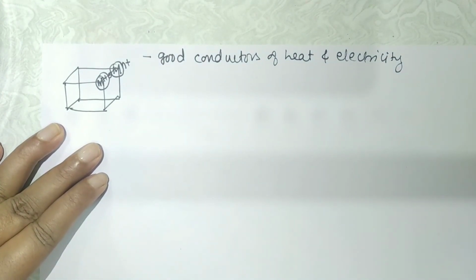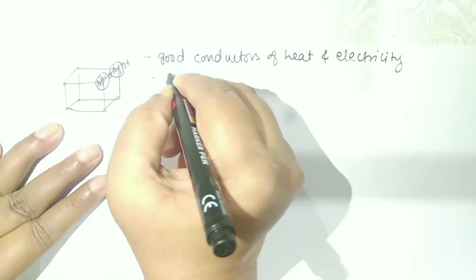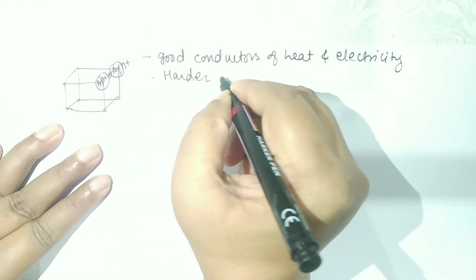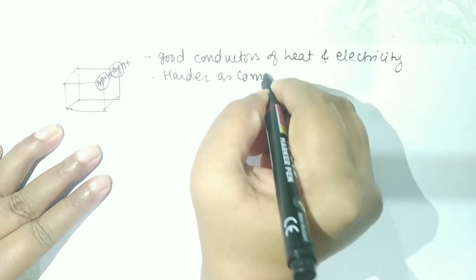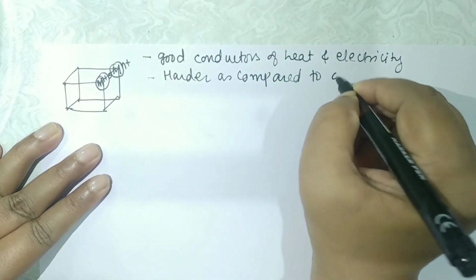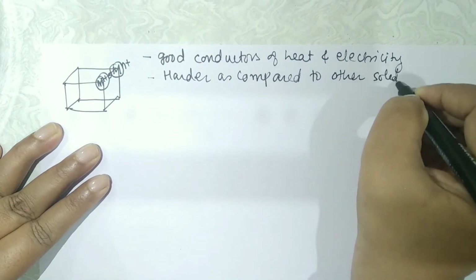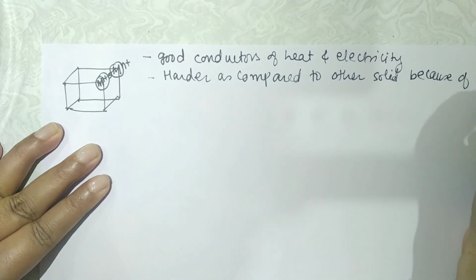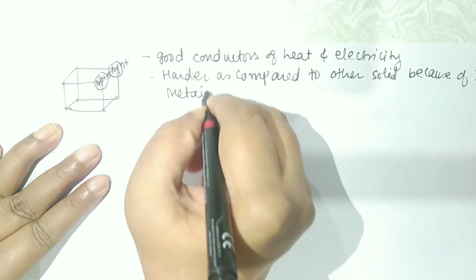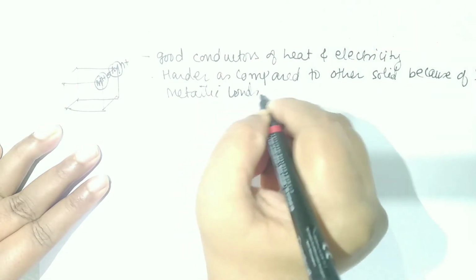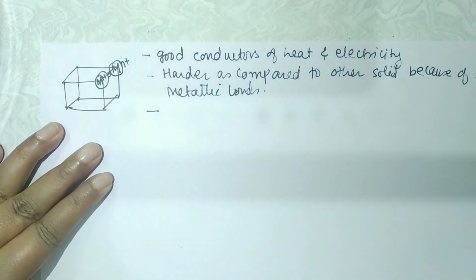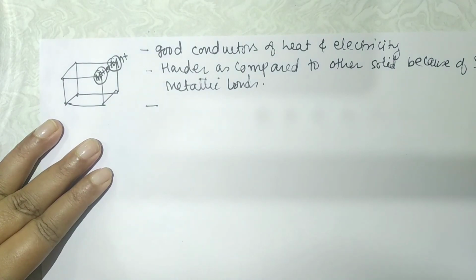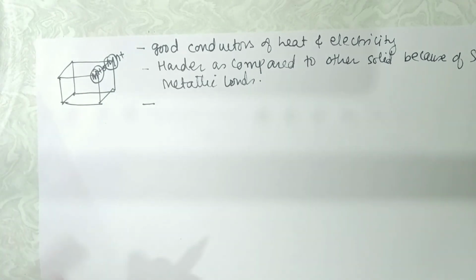Metallic solids, they are harder as compared to other solids because of the strong metallic bonds. The metallic solids, they contain several layers of the metallic ions arranged over one another, and these layers, they slide on each other.